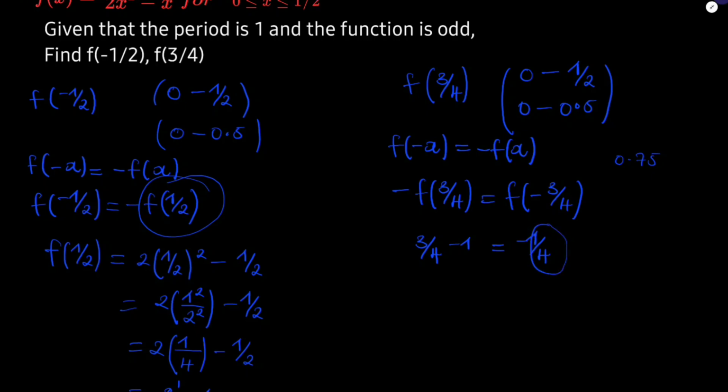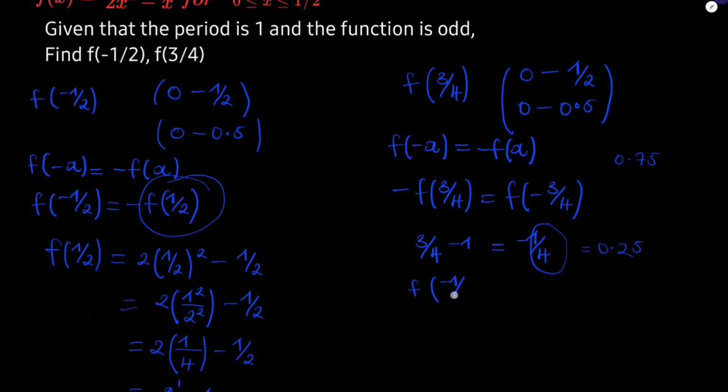Is 1/4 in our range? 1/4 is 0.25. Is 0.25 in our range? Yes, 0.25 is less than 0.5. But since the function is odd, f(minus 1/4) is the same as minus f(1/4).